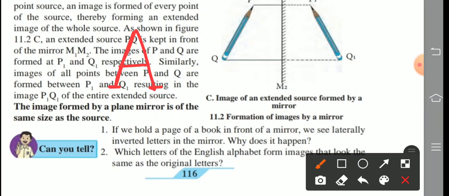So A remains A. But second letter we write on the paper and keep in front of the mirror, check whether letter B looks the same. Is there any difference? In that way, how many letters from A to Z remain the same, you find out the answer on your own. Perform this simple activity. Clear? Next.